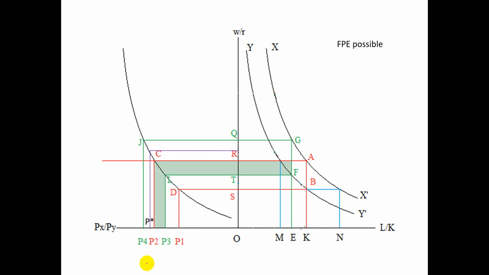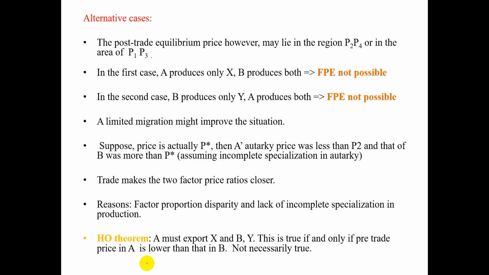So if that happens, then factor price equalization will be possible and it will be complete. But if the post-trade commodity price ratio does not lie in this overlapping zone, then the factor price equalization theorem may not be valid. So factor price equalization may not be possible. So migration will be improving the situation, but here we have not assumed migration.